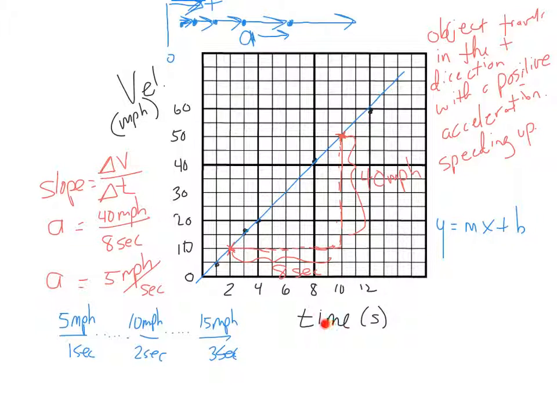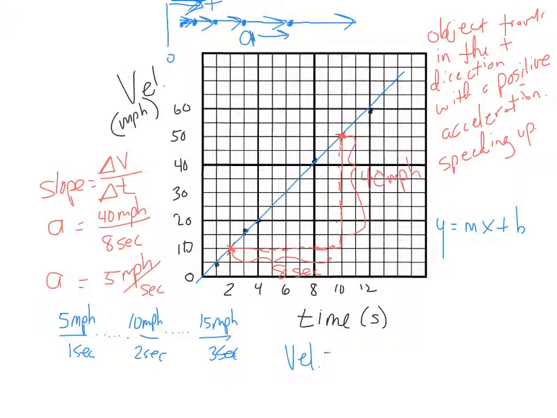X is the x variable, and b is the y-intercept, which in this case, we look here, oh look at that, it hits the origin, so the y-intercept is actually 0 in this case. So if I'm going to write out this equation here, full equation with words and numbers and units on every number, then we'll start with velocity, since that is the y variable.